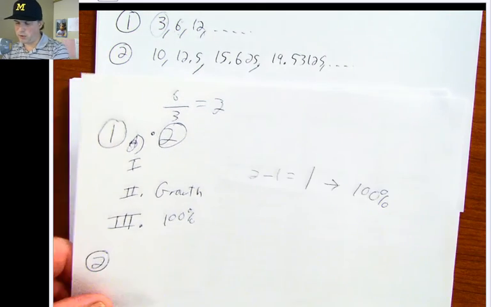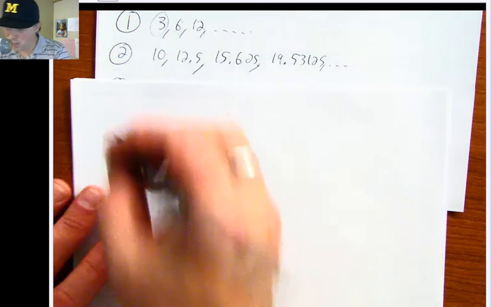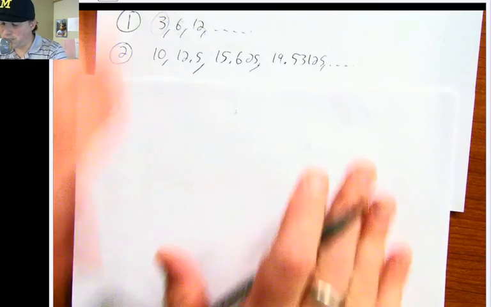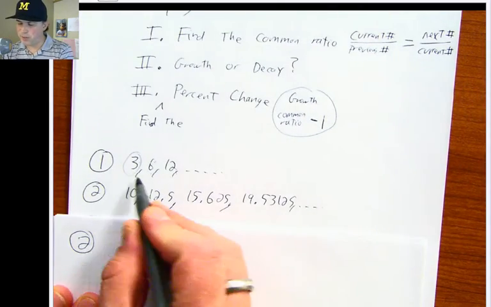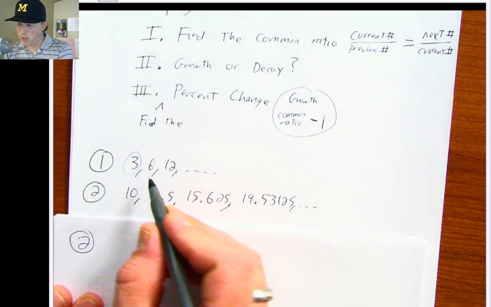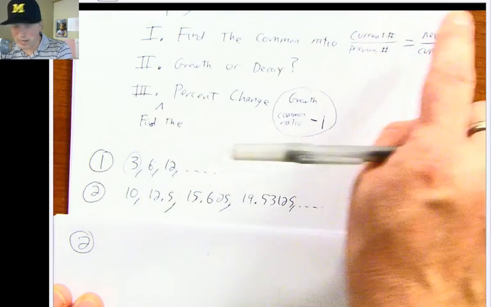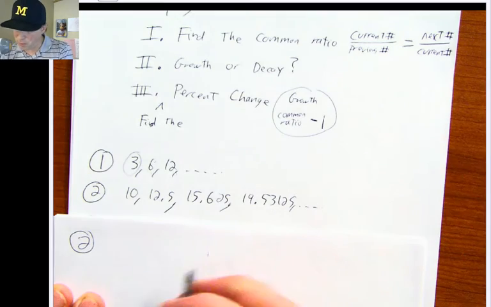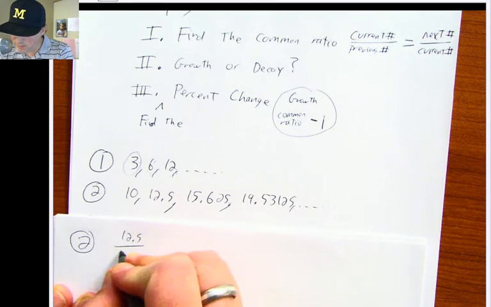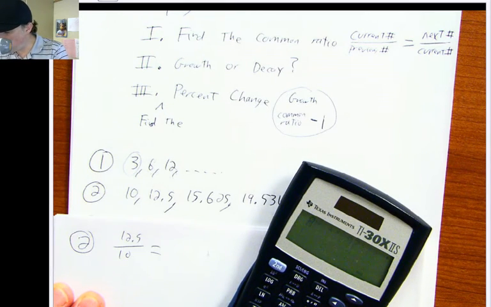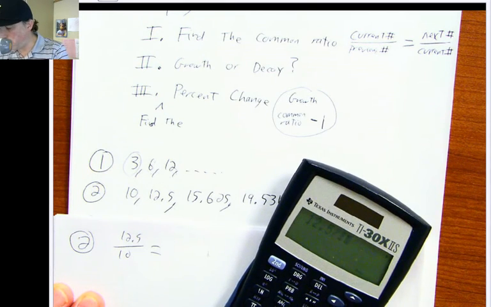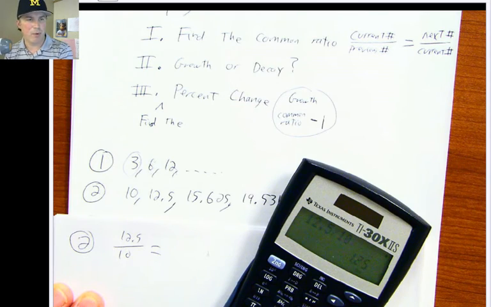Let me get a new piece of paper for this so we aren't getting confused. Based off what I learned in the previous example, the next number divided by the current number, or 12.5 divided by 10, will get you your common ratio. I shouldn't need a calculator for this. It's going to be 1.25.